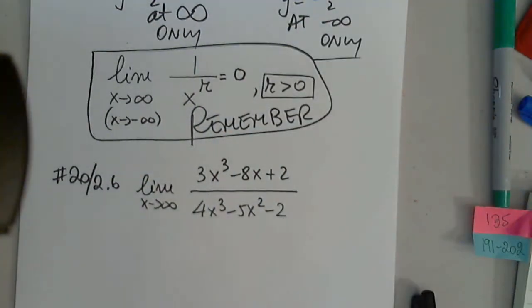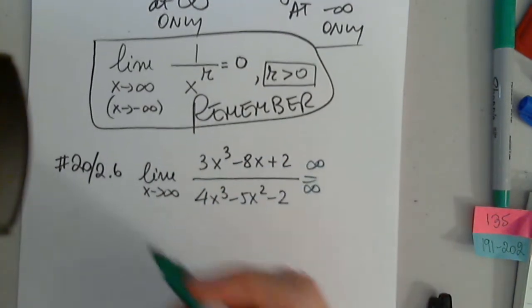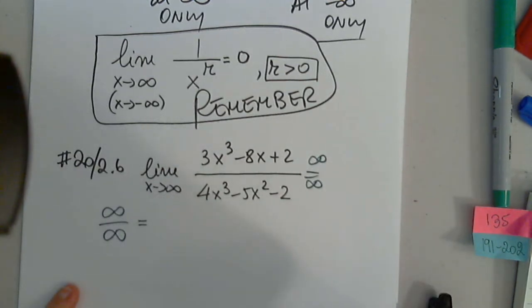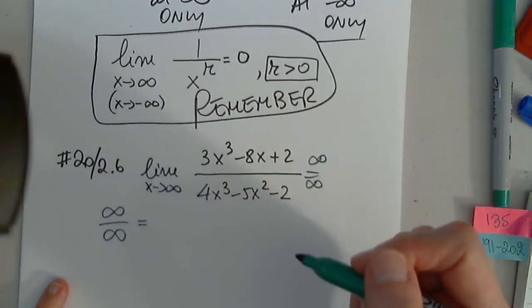So this is our situation. How do we call infinity divided by infinity? It's undefined? It doesn't exist?